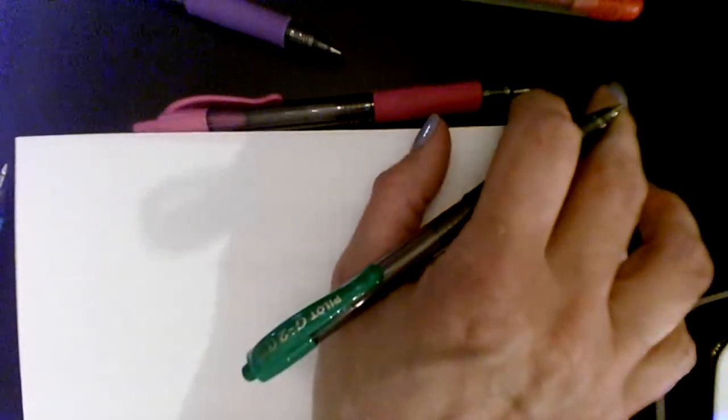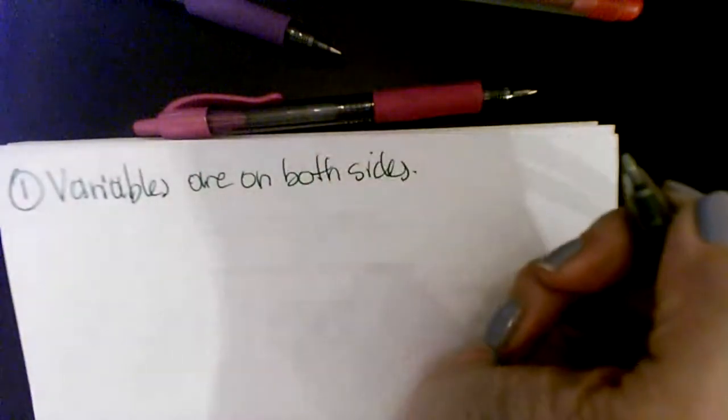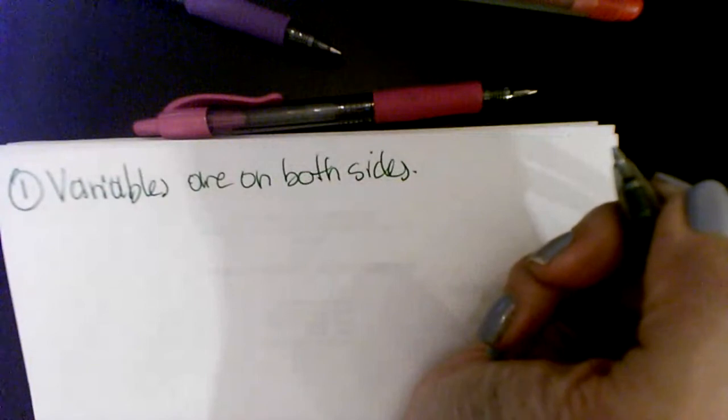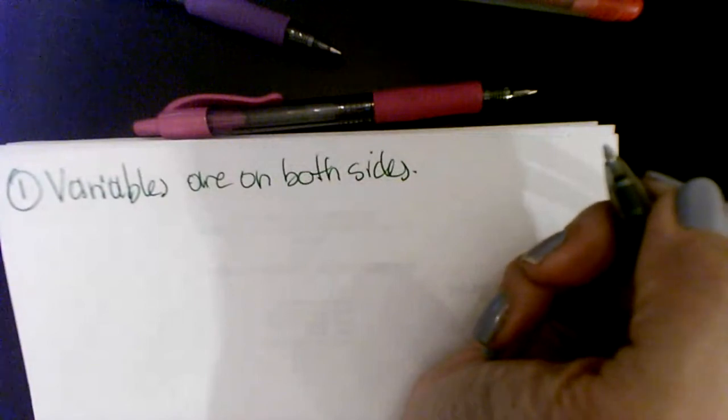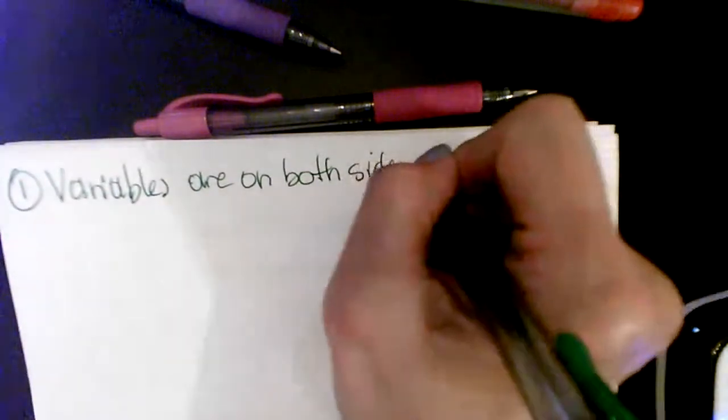When we have variables on both sides of the equation, variables are on both sides. Okay? Let's do it.